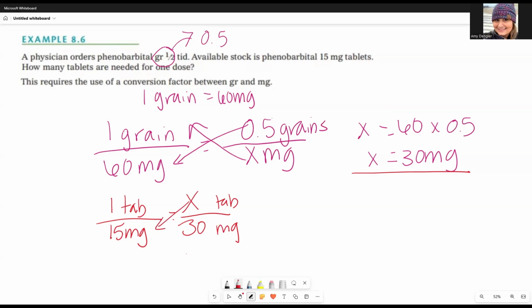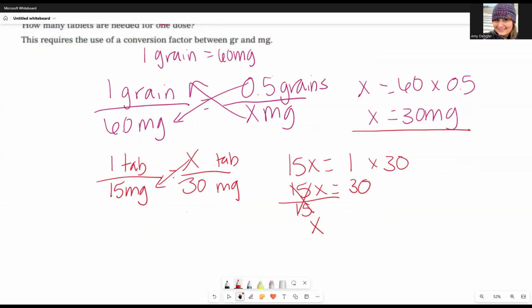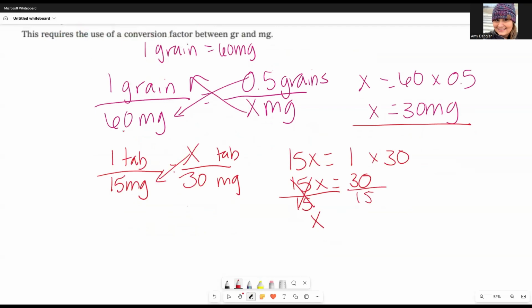So then I'm going to do 15x is equal to 1 times 30. I'm going to rewrite it because I know 1 times 30 is 30. Now I want to get x alone, so I'm going to divide each side by 15. I'm just left with x. And then 30 divided by 15, which gives me 2. So 2 tabs are needed per dose.